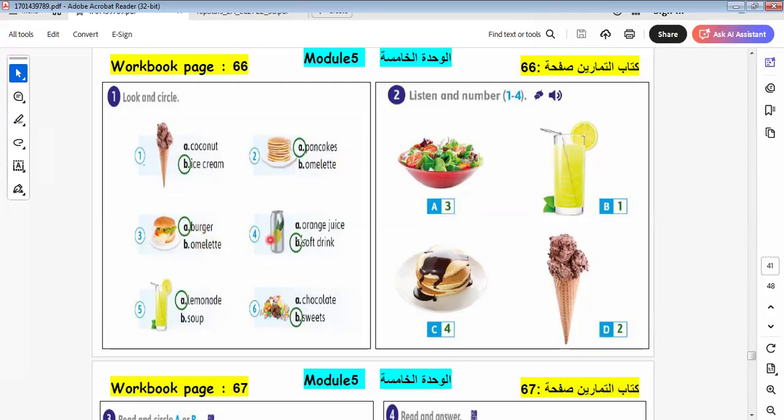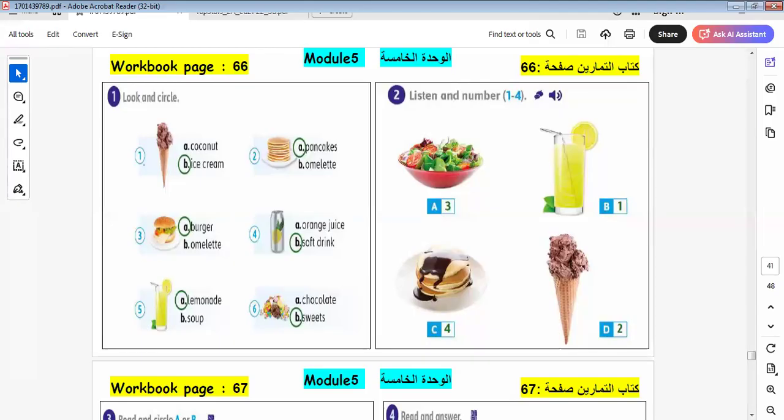Burger or omelet? Burger, it's correct. Orange juice or soft drink? Soft drink. Lemonade or soup? It's lemonade. Is this chocolate or sweets? Sweets. And we have another meaning of sweets. It will be what? It will be candy. You can say sweets, or you can say candy. This is another word for sweets.